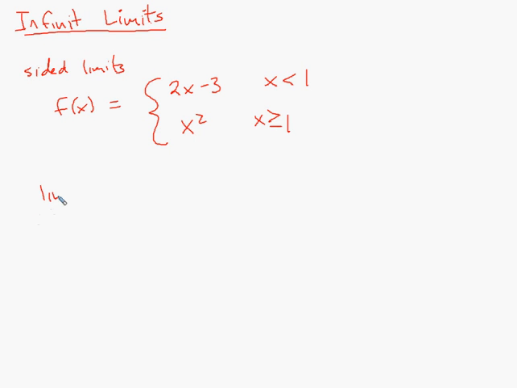If I want to take the limit as x approaches, say, 1 from the negative side of f of x, this would be coming from the negative side, so I'm going to be using this part right here, because I'm coming from the negative side, so like -1, 0, all the way up to 1, so I'll use this to figure out what my limit is.